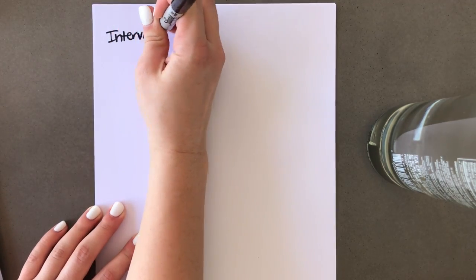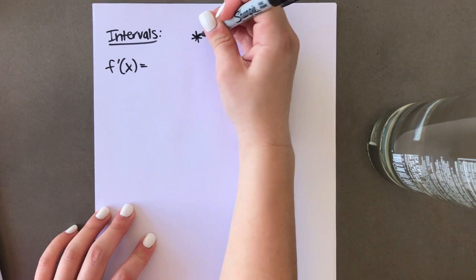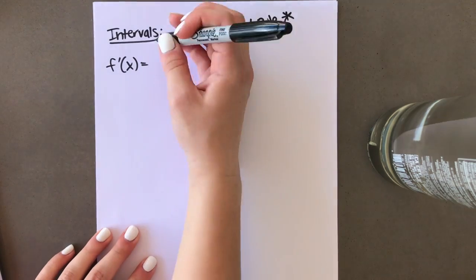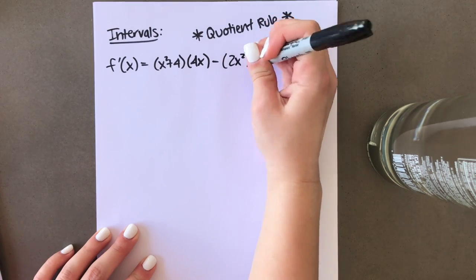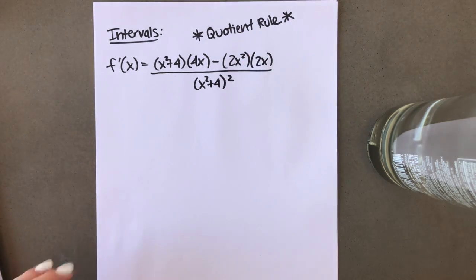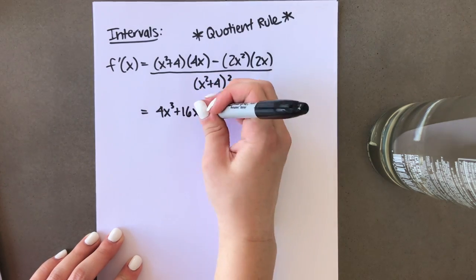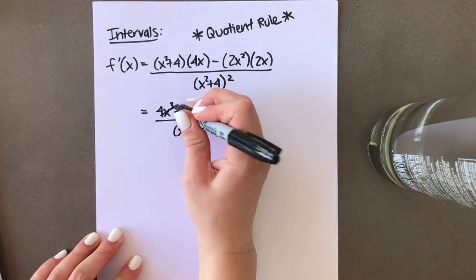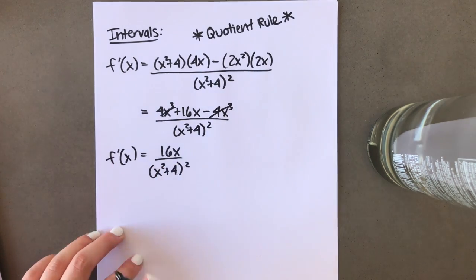Next, I'm going to calculate the intervals. I will first have to find the derivative of the function by using the quotient rule. So then the derivative is 16x over x squared plus 4, the quantity squared.